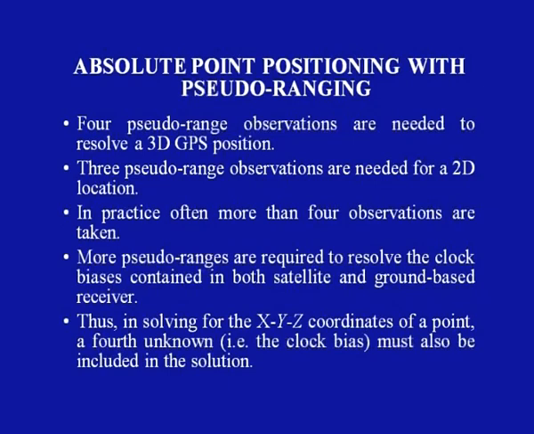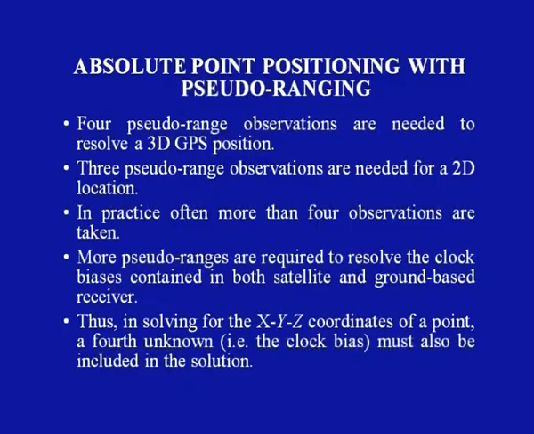The 3 pseudo range observations are required for a 2D location, that is, if z is not required, then we can go for 3 pseudo range observations. In practice, more than 4 observations are generally taken in order to have a better solution for the point determination.